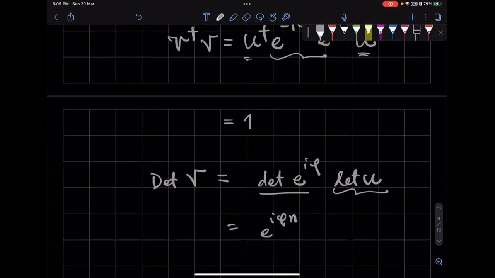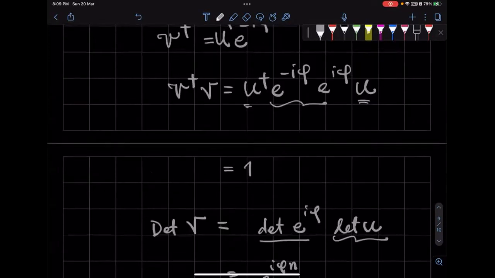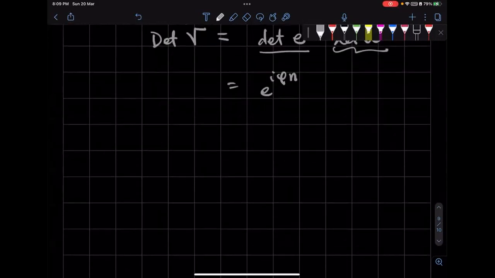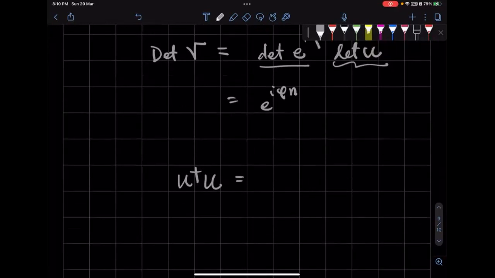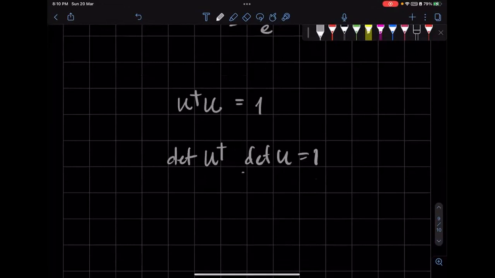Let me finish this here, and then we can discuss in more detail what you're talking about. If I look at the U dagger U equals 1 condition and take its determinant, then I have determinant of U dagger times determinant of U equals 1.